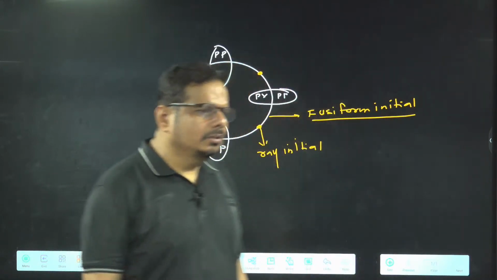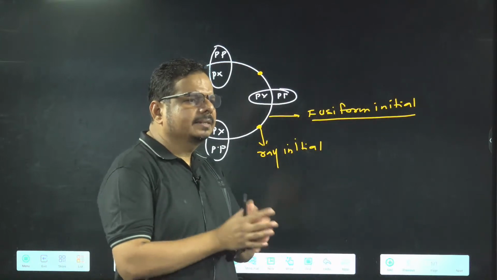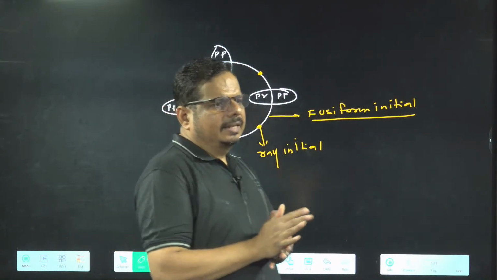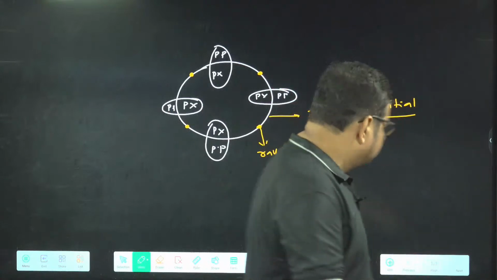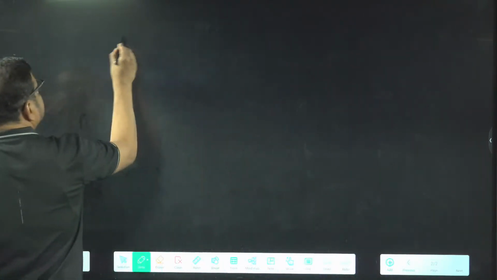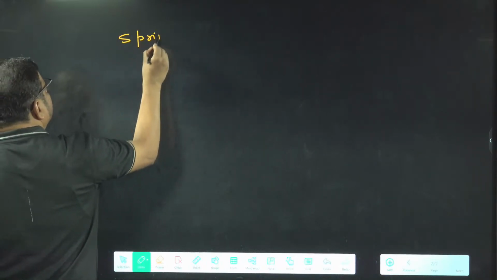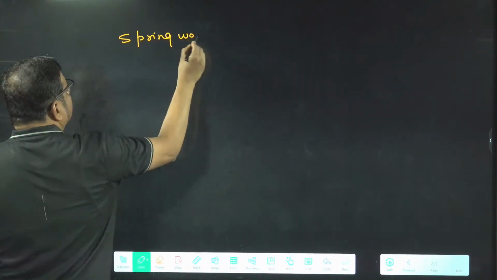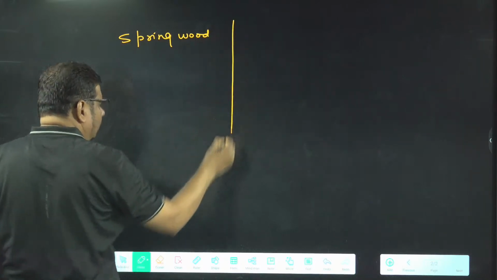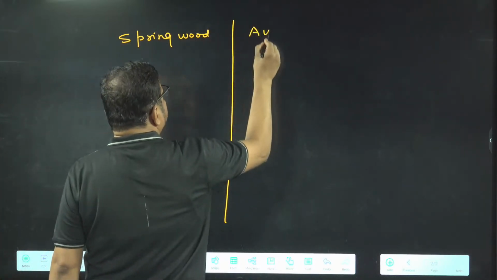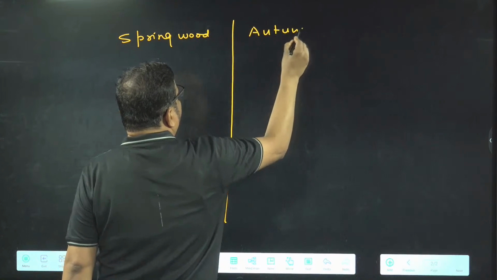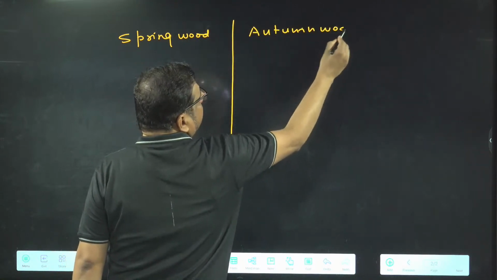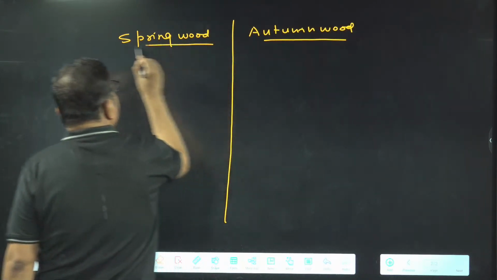Now we are going to move on. So you tell me, please. I am asking some question then. Tell me some differences between spring wood and autumn wood.